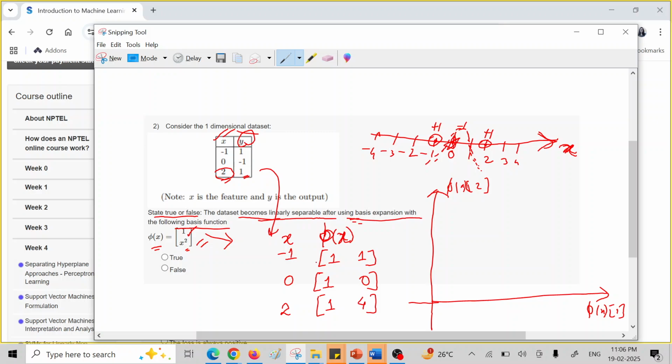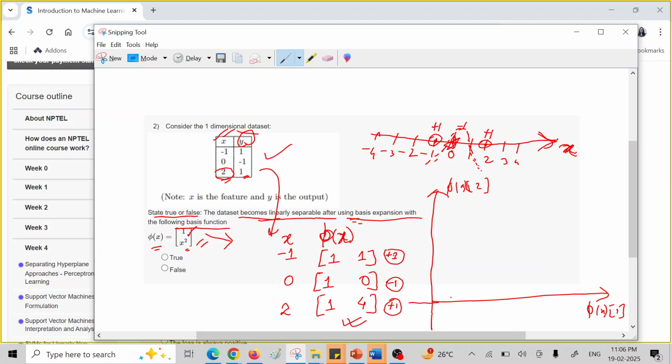Let me again write the class labels. The first is positive, this one is negative, and the third one is again positive class label, from the data set. Positive, negative, positive. Now I will be plotting these data.